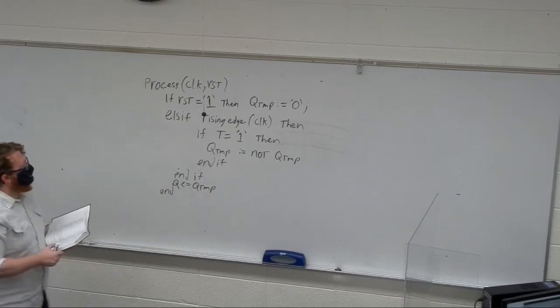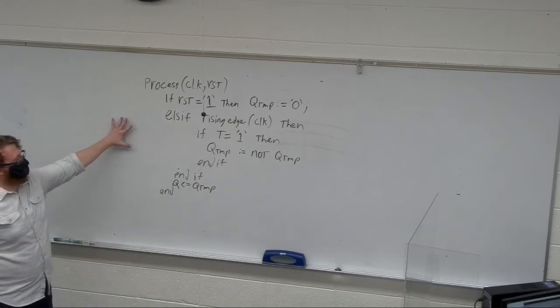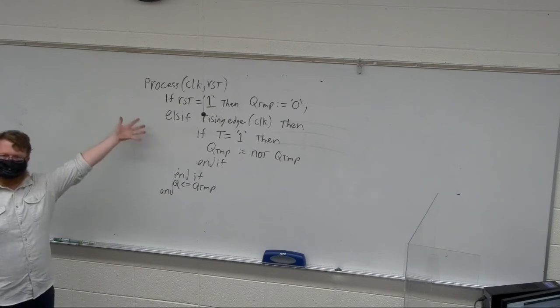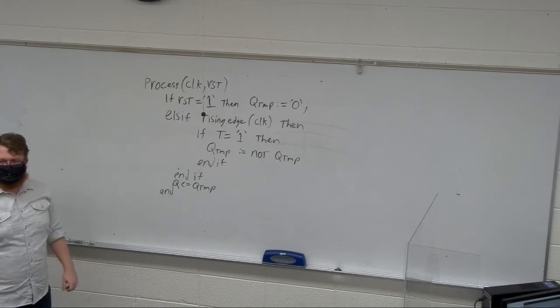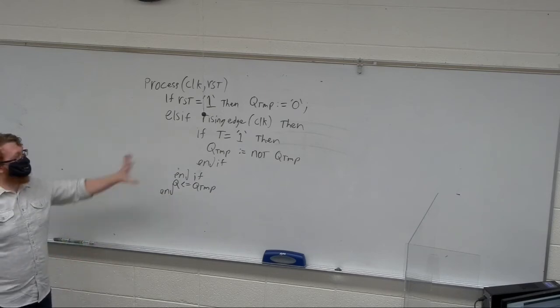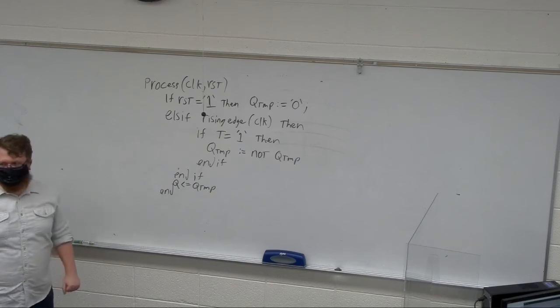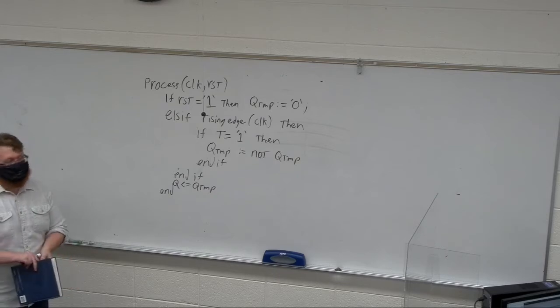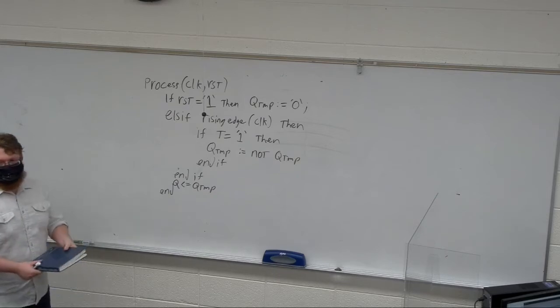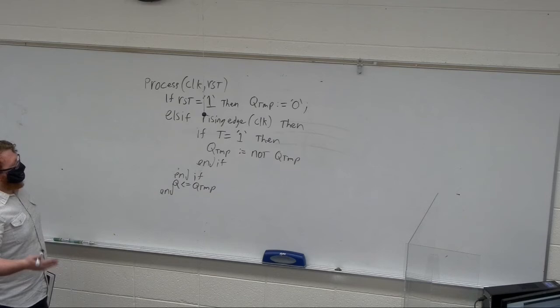So if I give you this and ask, what is it? VHDL code. What device is this implementing? Asynchronous T flip-flop, yes, an asynchronous T flip-flop with an active high reset. So those are going to be some of the questions.